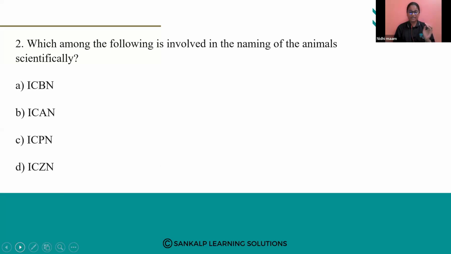Which organization is involved in naming the animals? A. ICBN, B. ICAN, C. ICPN, D. ICZN. Please give your answers when I complete reading all the options.